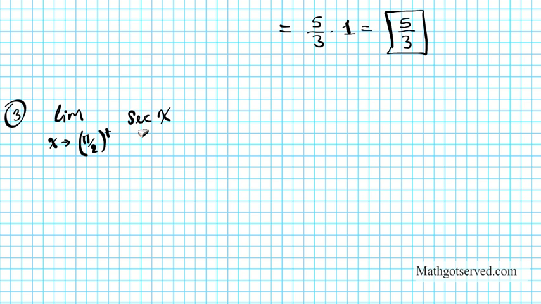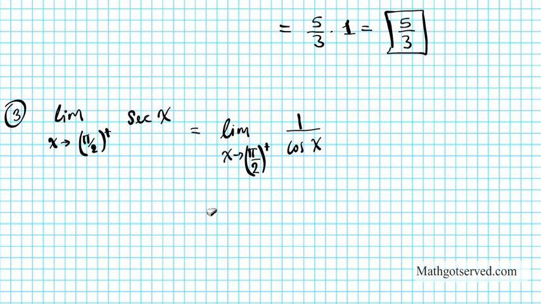Now, if you know what the graph of this looks like, you can do this limit in a snap. But let's do it algebraically, and then I'll show you how to determine this limit graphically too. So I'm going to use my reciprocal identity to replace secant. So I'm going to have the limit as x approaches pi over 2 from the right of 1 over cosine x.